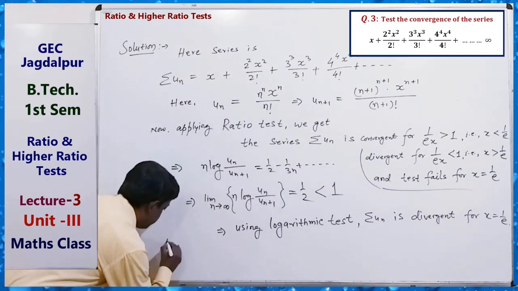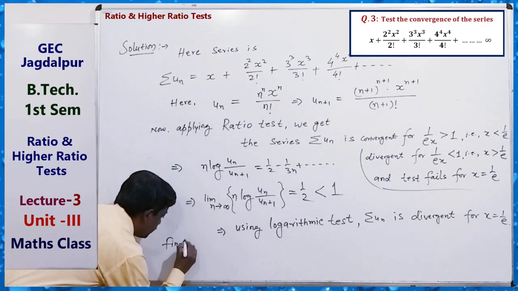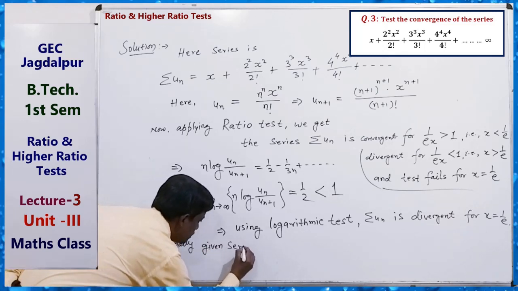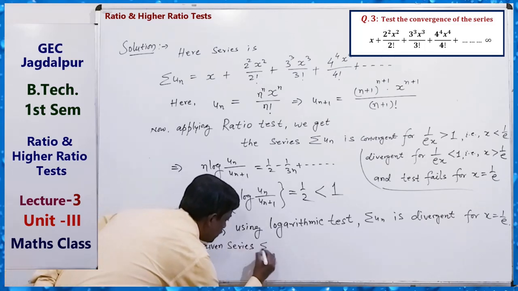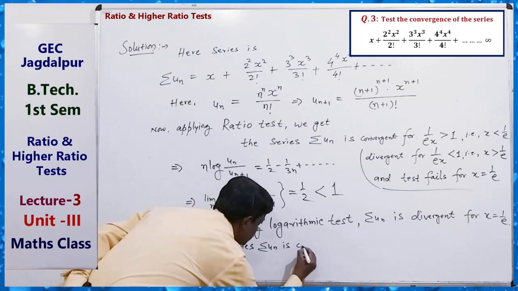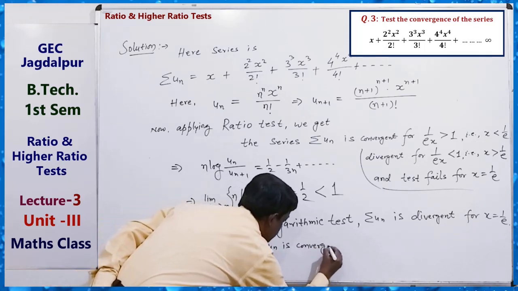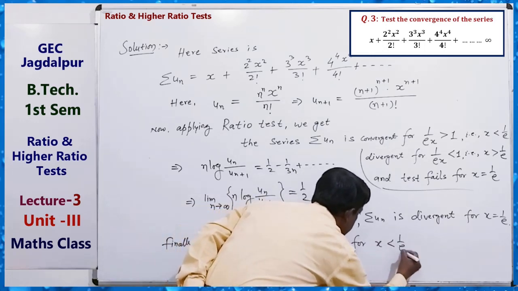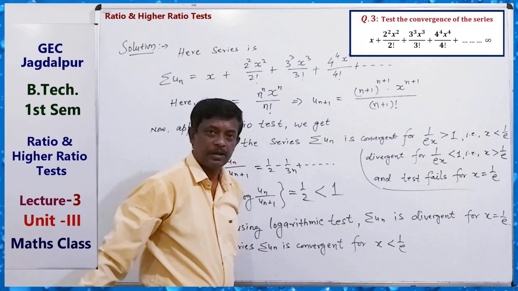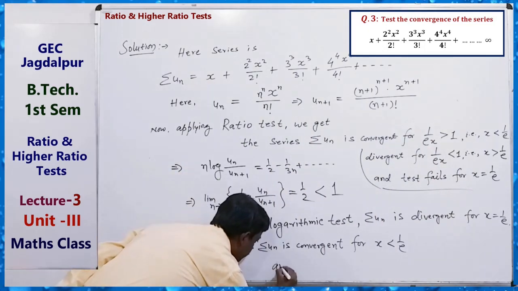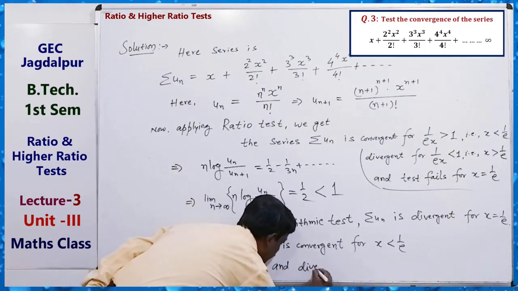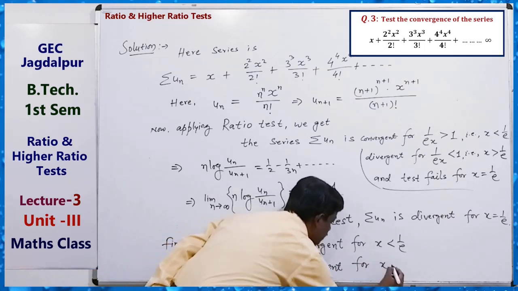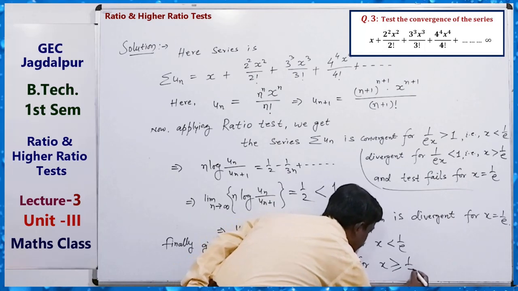So finally, the given series is convergent for x less than 1 by e and divergent for x greater than and equal to 1 by e.